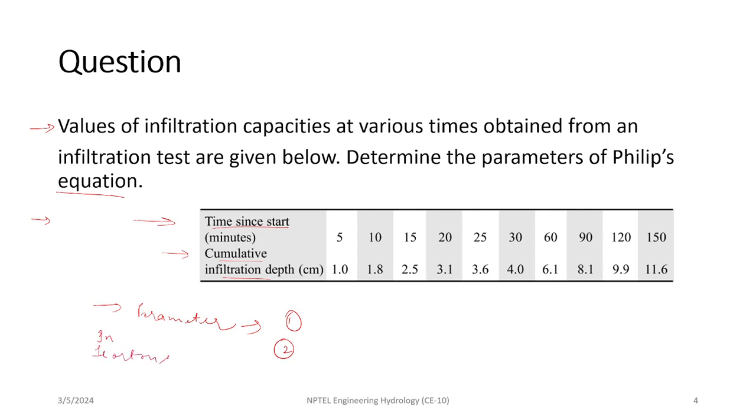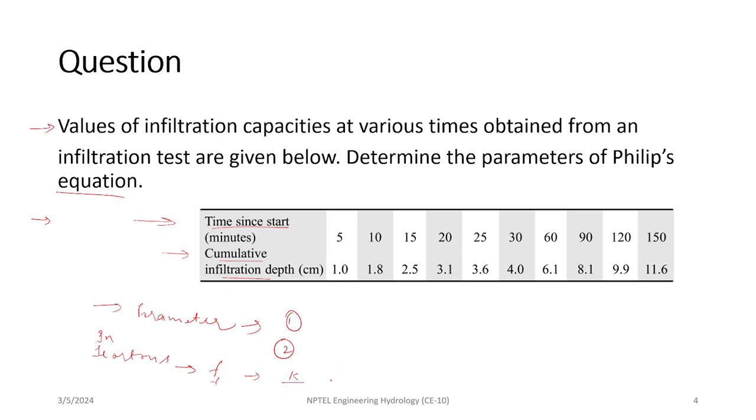How many parameters were there in Horton's equation? Those are the parameters for which we don't have the value right now, so we try to compute them. The unknown parameter was majorly a k value, that is a constant. Another one is what?